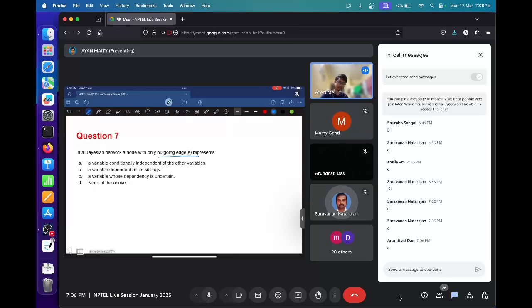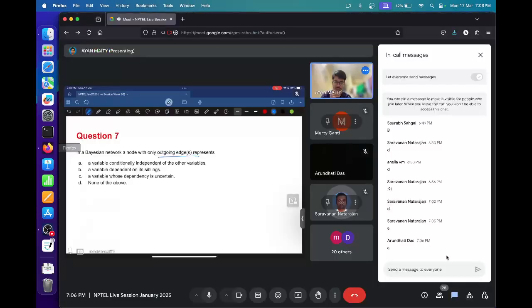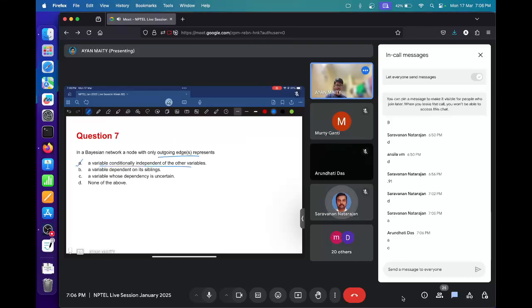Saravanan Natarajan says option A, Arundhati Das says option A. The correct answer is option A. If that node has only outgoing edges and it does not have any incoming edge, then it is not conditionally dependent on the other variables.